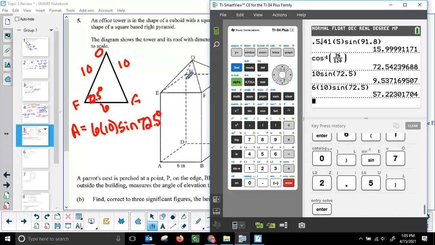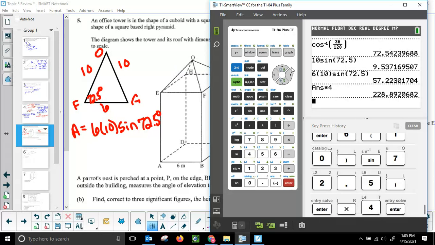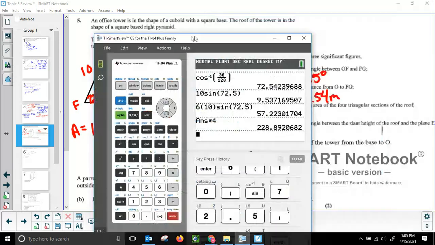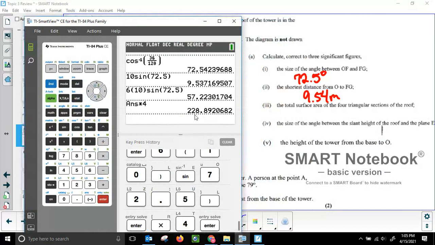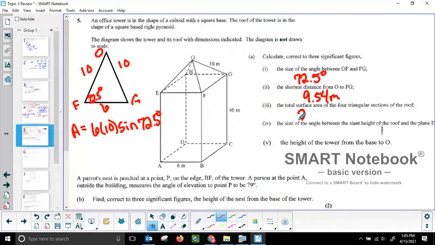Well, how many of these triangular faces do we have? 4. So you just multiply that number by 4. And we will get, to 3 sig figs, 229. And that would be meters squared.